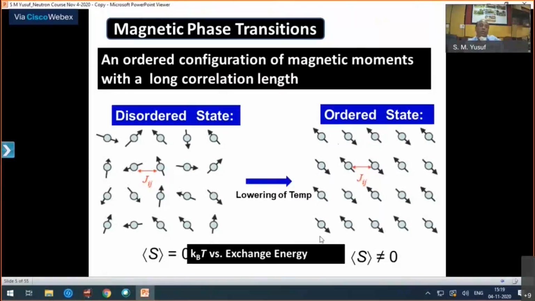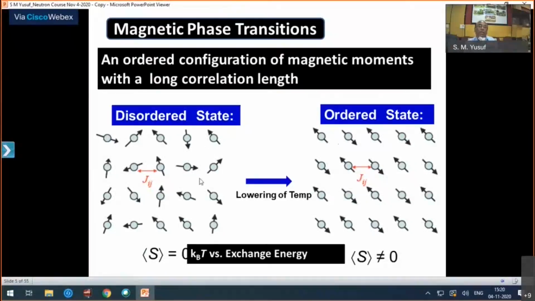Now, what do you mean by lower temperature? Here we are talking about two kinds of energies. One is the temperature of the bath where you have kept your sample, and the corresponding energy is kBT, the thermal energy. kBT is a disrupting energy, which will try to destroy any kind of regular orientation.